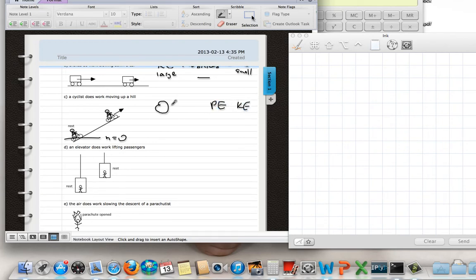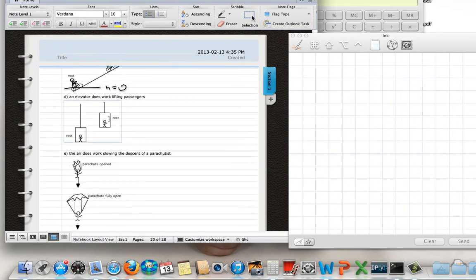So in this case, the work that was done by the bike rider is equal to the potential and kinetic energy of the rider when he reaches this height here. Okay, so that says 0 plus work equals potential plus kinetic.